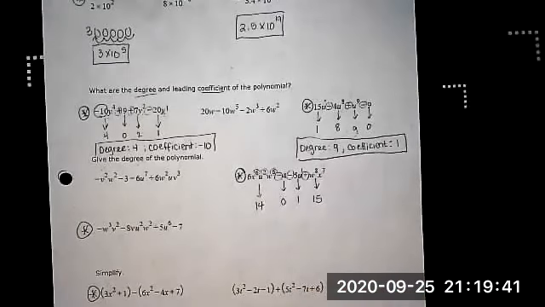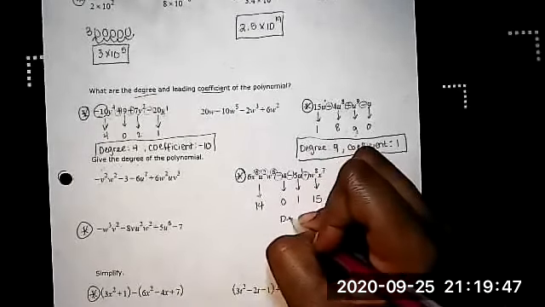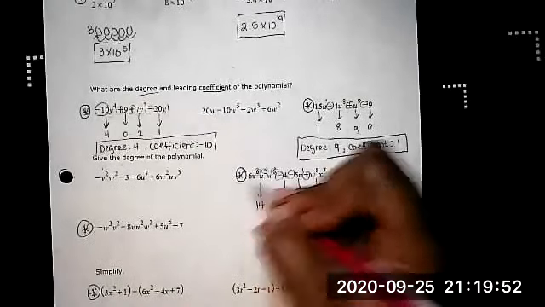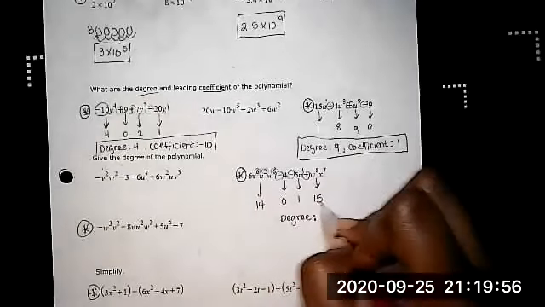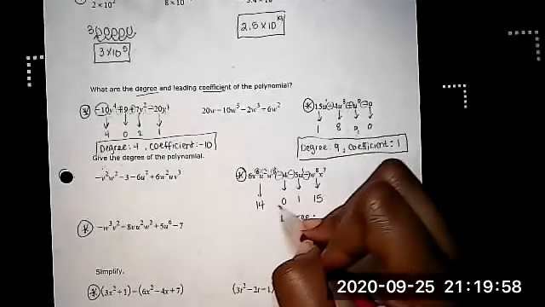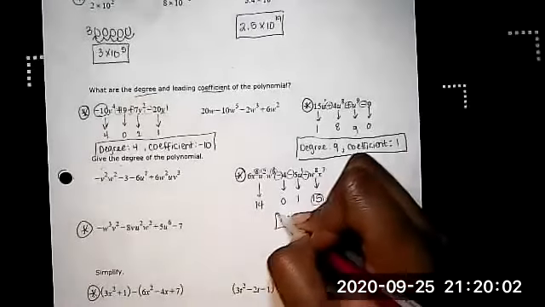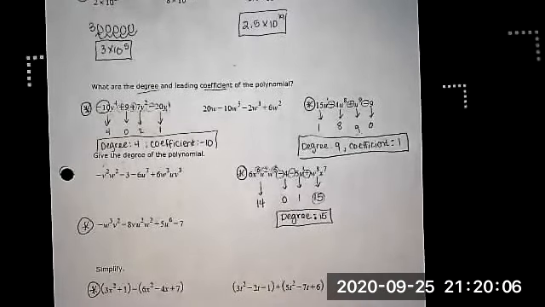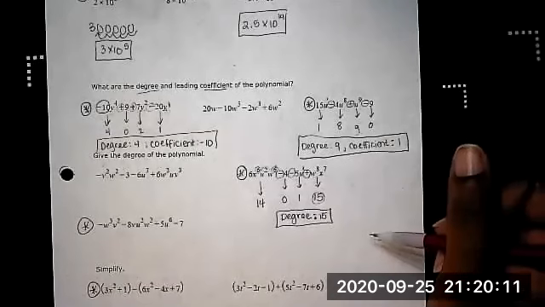Okay? Now that you have all that, the highest degree is the degree of the entire polynomial. You do not add these. Once you find the terms and figure out the degrees for the terms, you don't add all of those together. You just take the highest one. So the degree of the highest one is the degree of the entire polynomial. So in this case, it's 15, okay? Because we had that 8 plus 7. Got it?